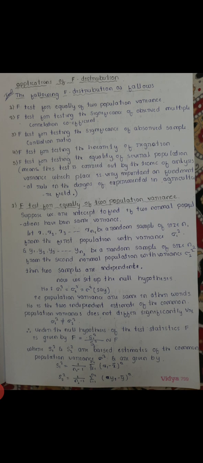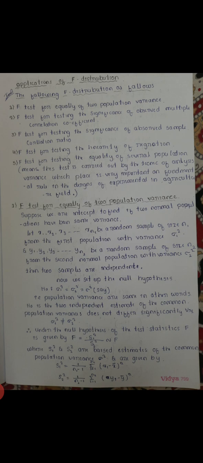First one, F test for equality of two population variances. Suppose we want to find out if two normal populations have the same variance.